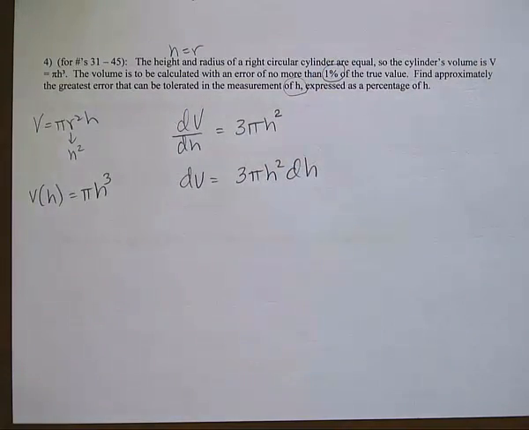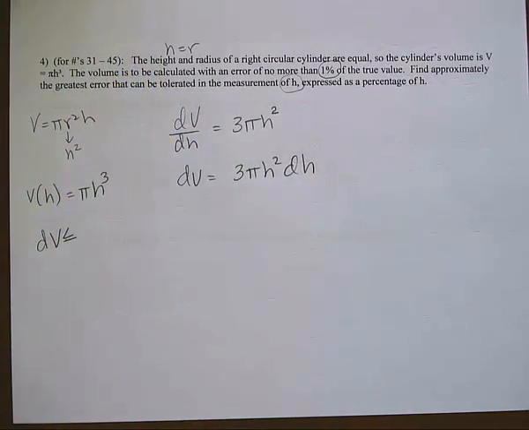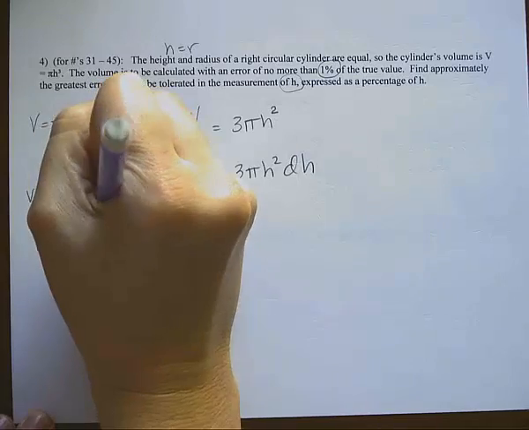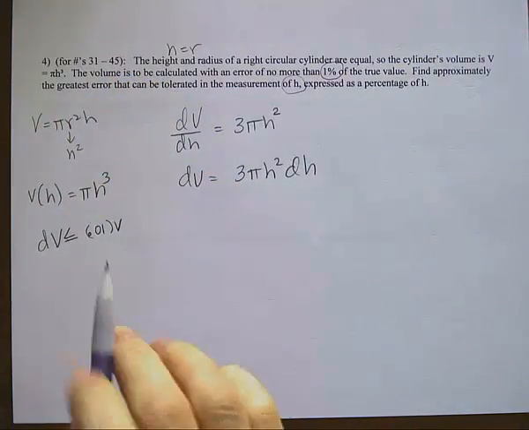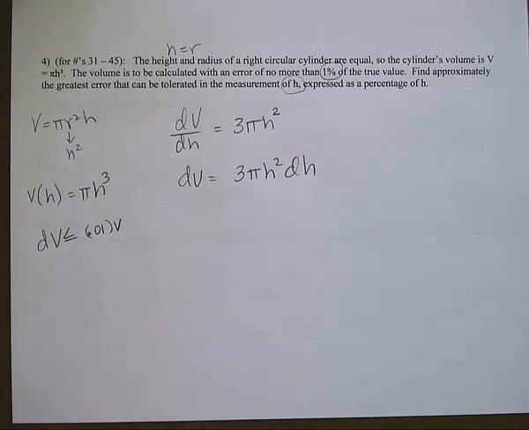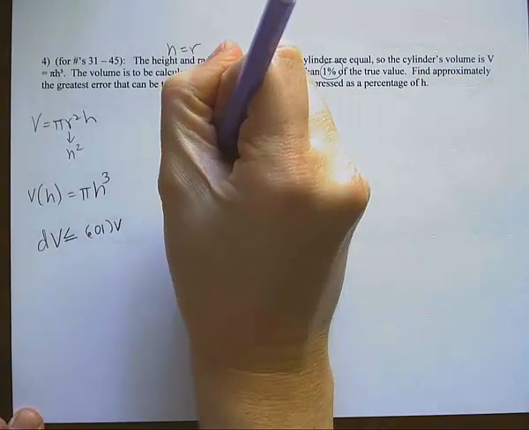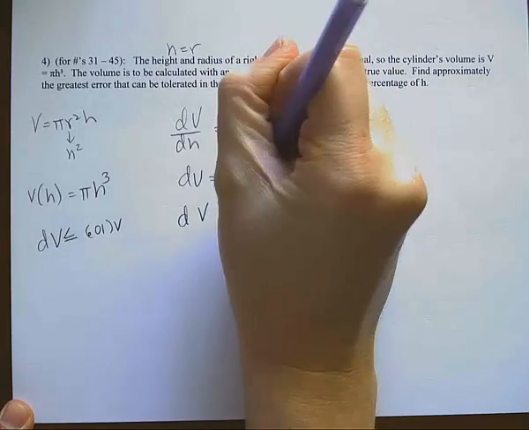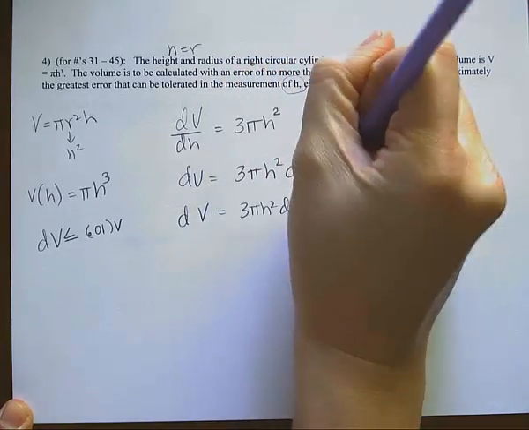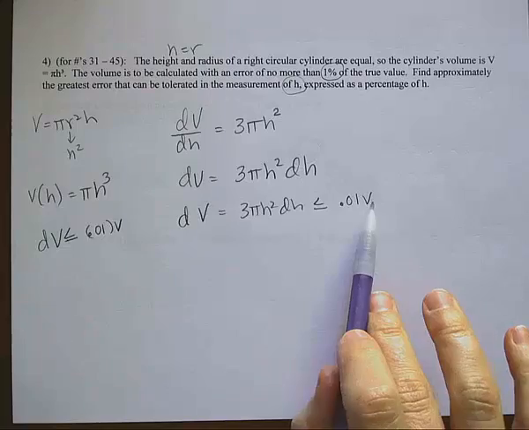Alright, now notice that my change in volume can be no more than, so that means it has to be less than or equal to 1% of the true value. So 0.01 times the true value, which would be v. So I'm going to come over to this expression here, and I'm going to say that dv, which is equal to 3 pi h squared dh, has to stay less than or equal to 0.01 times the true value, v.